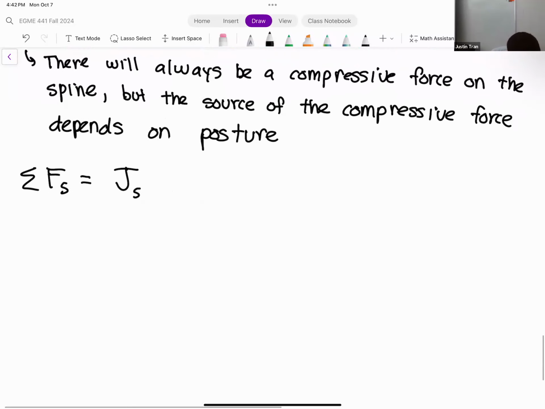We have the two components for the weights, W1, W2. I'm just going to combine them into one because they're both going in the same direction. And this is going to be a cosine theta, so kind of opposite of what we had for the axial equation.